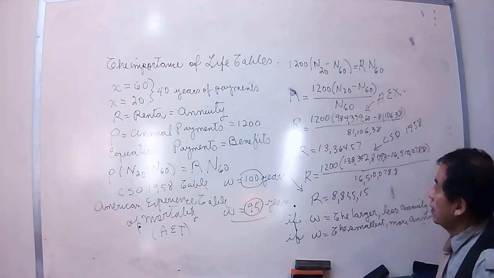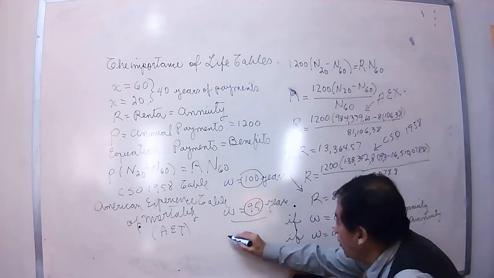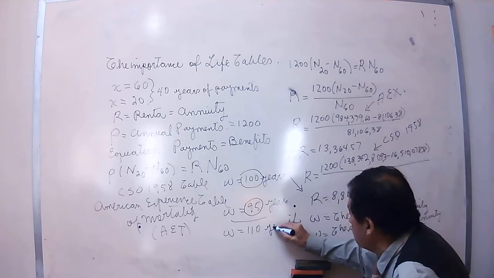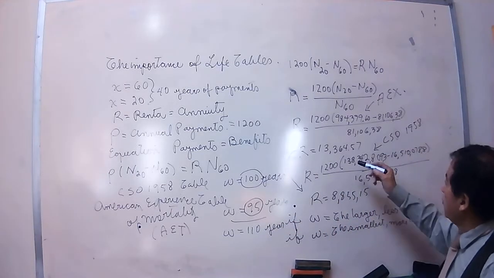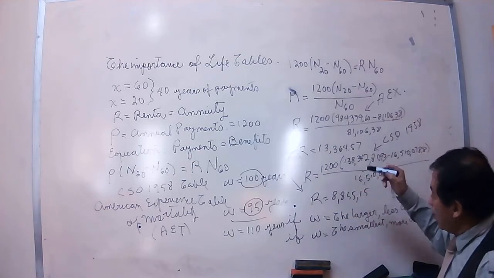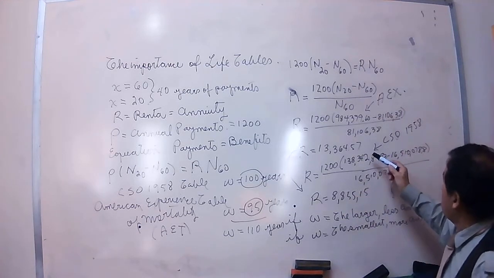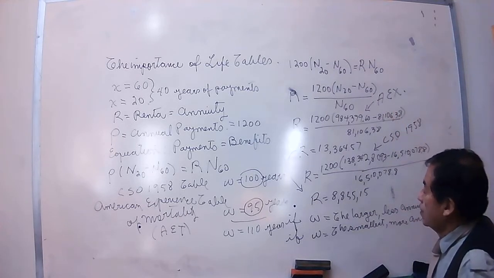In the case, for example, of Bolivia, the omega age is 110 years. That means that if we use this table, the annuity payments are going to be even much less than if we were going to use the American experience table. So this is a very important conclusion.